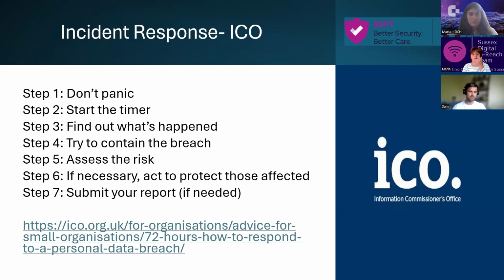As I said, if there has been a data breach, the detriment to those whose data could be at risk could be huge. So we need to mitigate that risk and we need to inform them and help them protect themselves from what's happened. And then finally submit the report if needed. Now, again, the ICO provide full guidance. It's included in these slides of how to respond to a personal data breach. And there is that advice line.